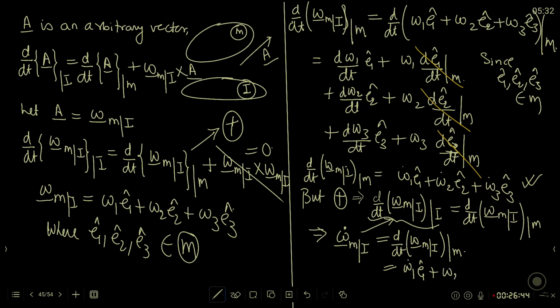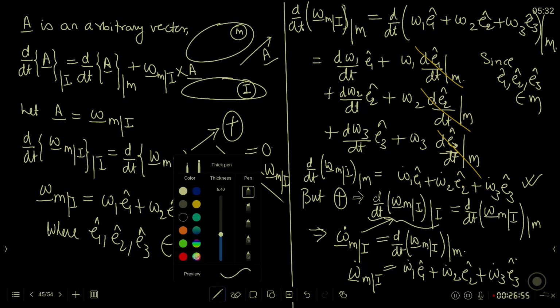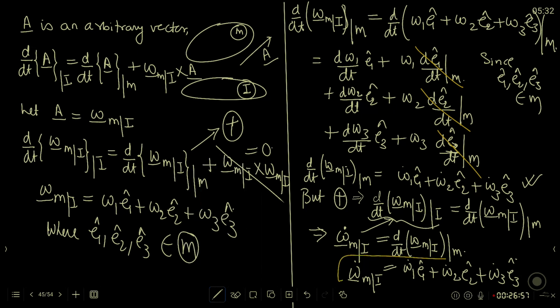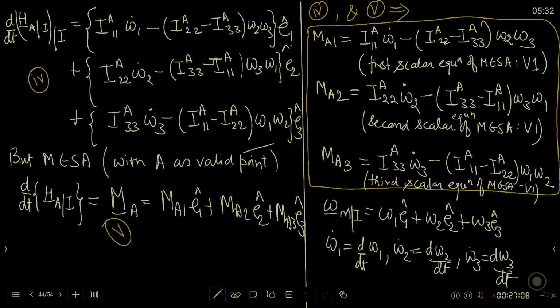So what am I trying to say here? What I am trying to say is that in the previous equation, here, here and here, the way to get omega 1, omega 2 and omega 3 is to write the angular velocity vector in your working coordinate system, and those scalar components will become omega 1, omega 2 and omega 3.